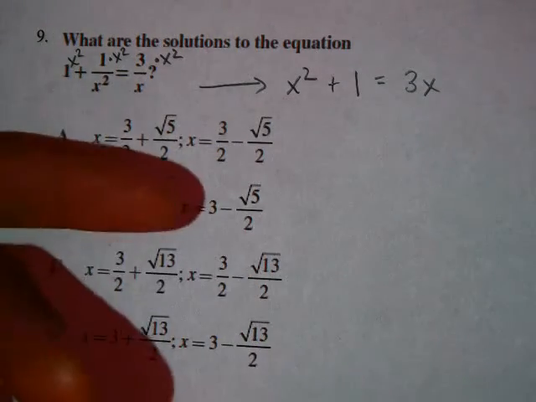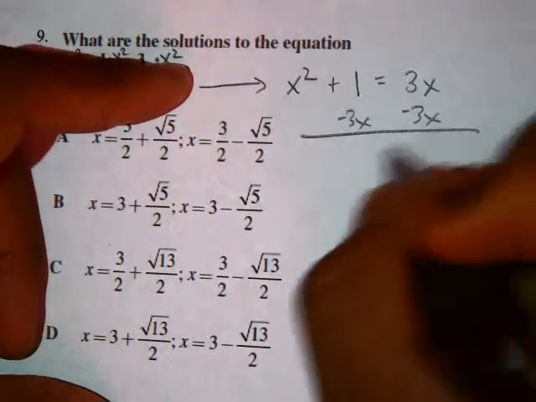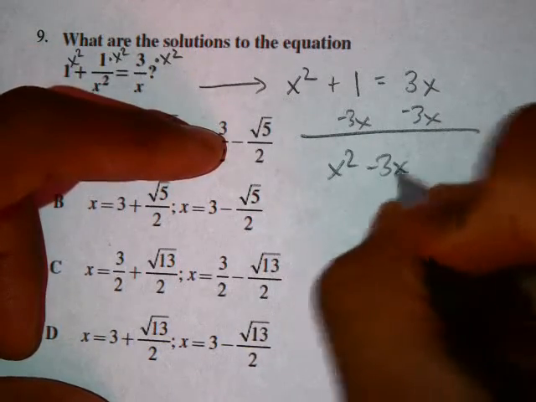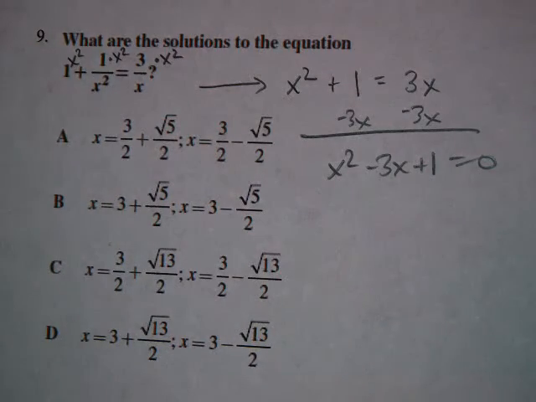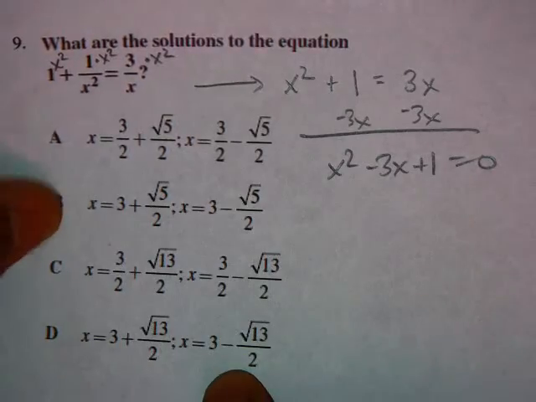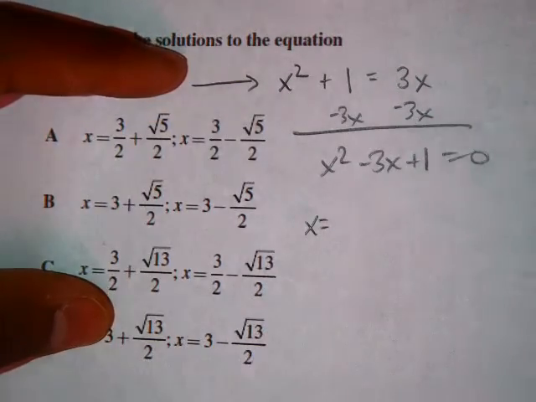Okay, so this is a quadratic, so I'm going to try to get everything on one side. I'm going to move the 3x over, and I get x squared minus 3x plus 1 equals 0. Looking at the answers real quickly, I'm pretty sure this can't be factorable, so I'm going to end up having to use the quadratic formula.